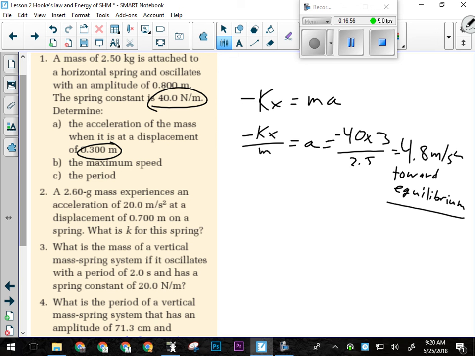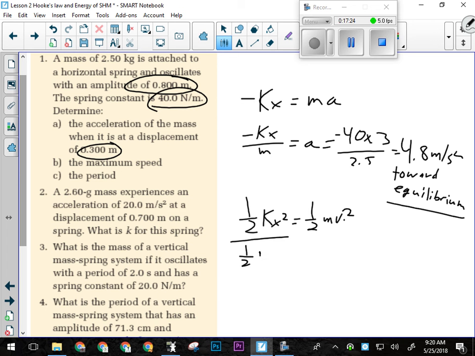Now, for part B, if I want to calculate the maximum speed, that's probably going to involve the use of what? Conservation of energy, because it's part of kinetic energy. It's going to have the most kinetic energy at equilibrium, so that's where it'll be moving the fastest. They also tell me the maximum amplitude here in the top part of the question. So I can go back to 1/2 kx squared equals 1/2 mv squared and solve for v.